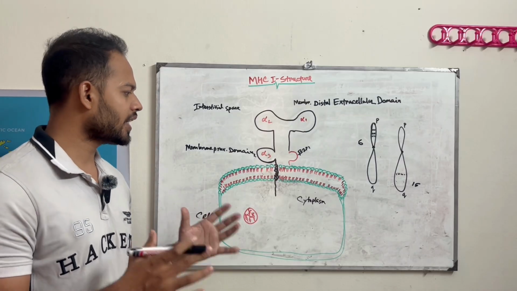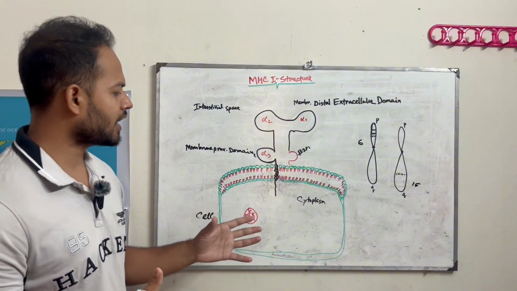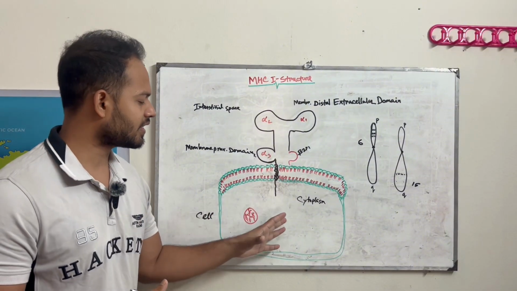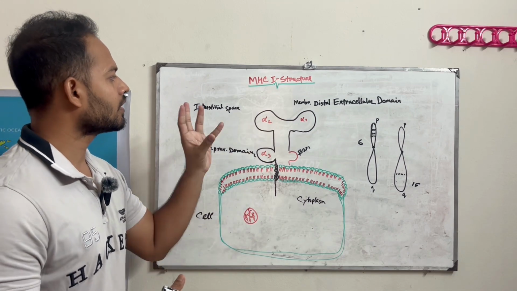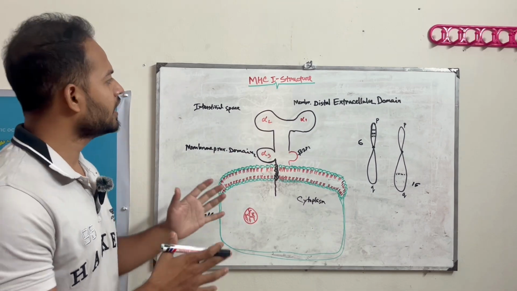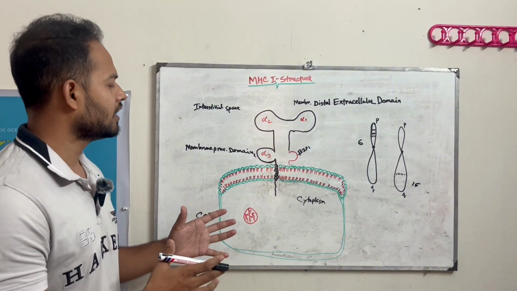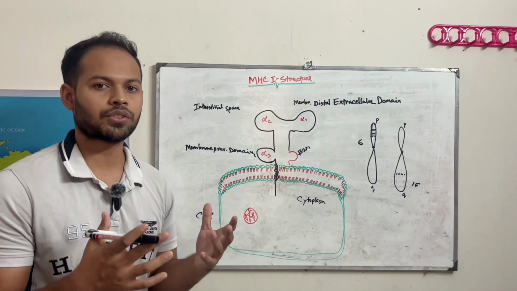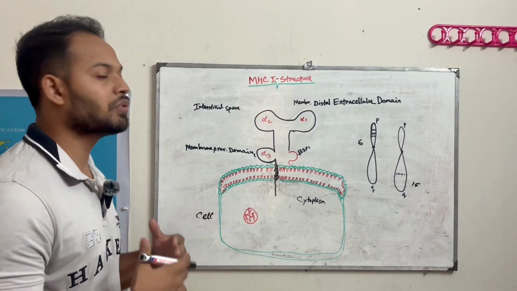One more thing: when a tumor cell grows out of control, lots of mutations and mutated proteins are found in the cell, and our MHC class 1 molecules show the mutated protein. Our cytotoxic T cell, or CD8 positive T cell, finds that this is not the proper antigen it wants, so it's not myself; it's from outside or a mutated protein.